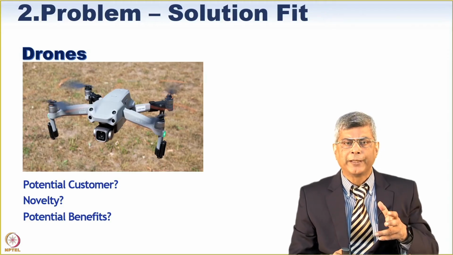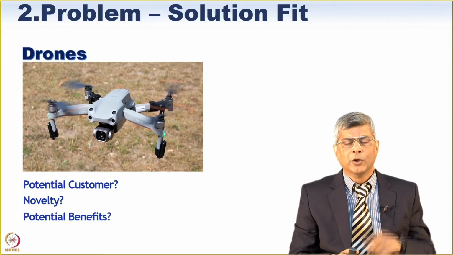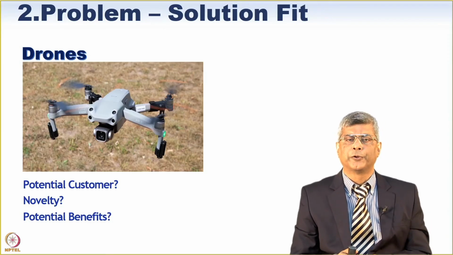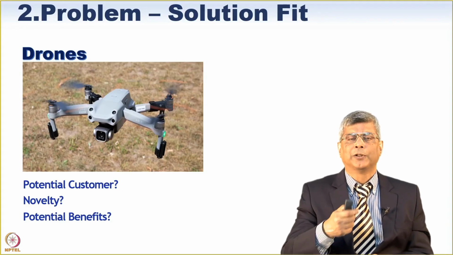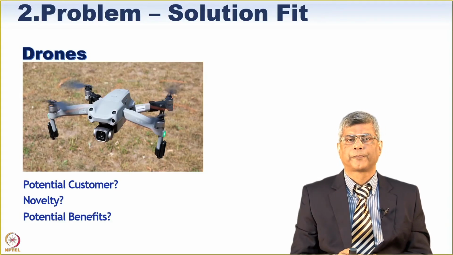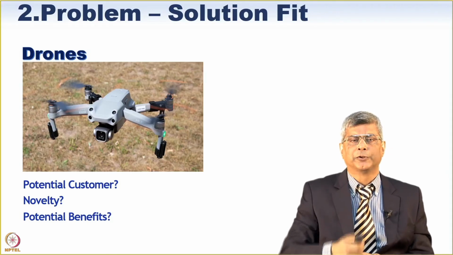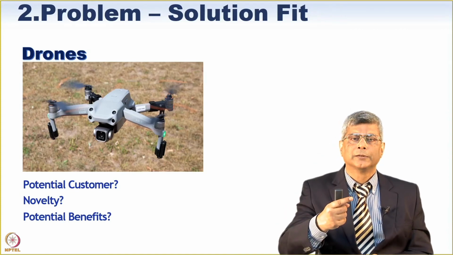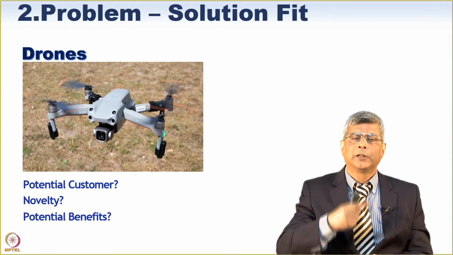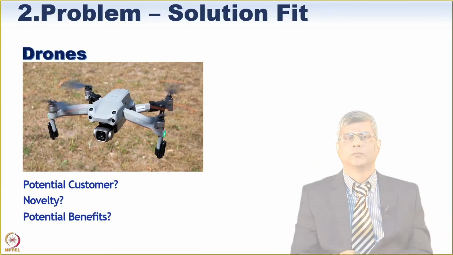If you need more information on this innovation, please look it up on the internet and then start thinking about who can be the customer of a drone. What is the novelty value of this drone? And what can be the benefits to the customer of using this drone? As you think about it, it will help you sharpen your innovative thinking.